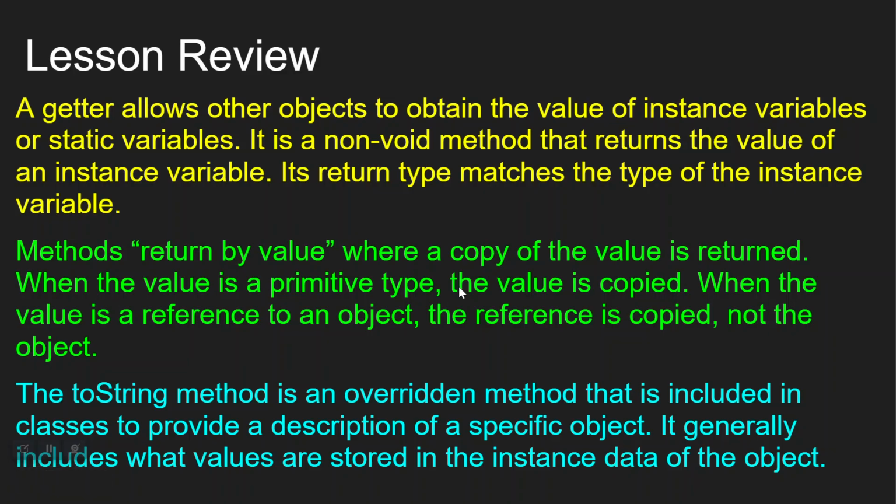When the value is a primitive type, the value is copied, but when the value is a reference to an object, the reference is copied, not the object itself. And then finally, the toString method is an overridden method that is included in classes to provide a description of a specific object. And it generally includes what values are stored in the instance data of that object.